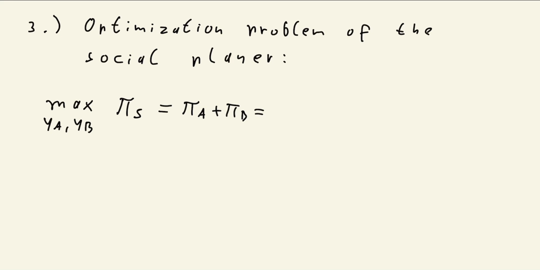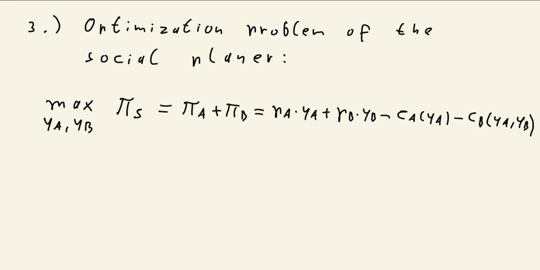And if we enter the corresponding expressions here, we end up with PA times YA plus PB times YB minus CA of YA minus CB of YA YB.